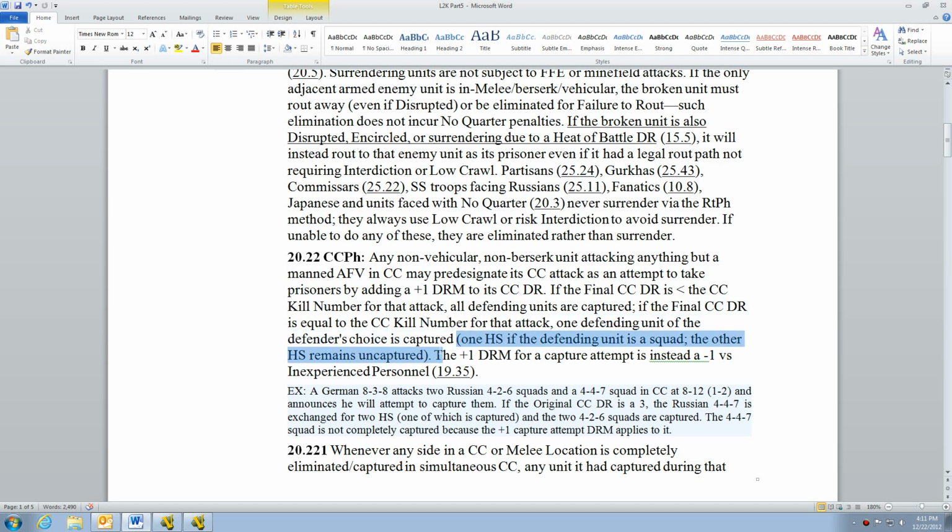And if that unit was a full squad, basically a half squad, the defending unit is captured, and the other half squad remains uncaptured. It should be noted that the +1 die roll is a -1 against inexperienced personnel, which is Section A of the rule book, subsection 19.35, if you're not sure what inexperienced personnel are.